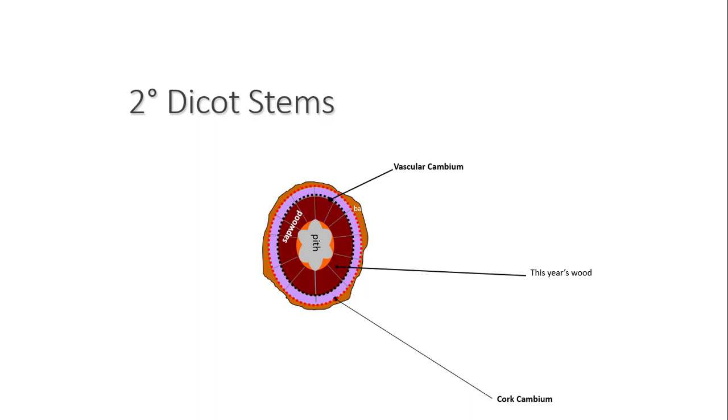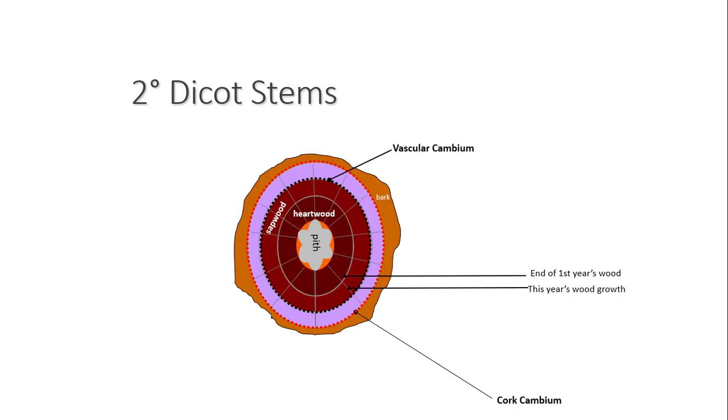So here's your secondary dicot stem. You can see vascular cambium is pointed out here. The red portion is this year's wood, and then cork cambium is on the outside here. Okay, again, here's your vascular cambium, and this year's wood is outside of that previous slide, and that is considered sapwood.